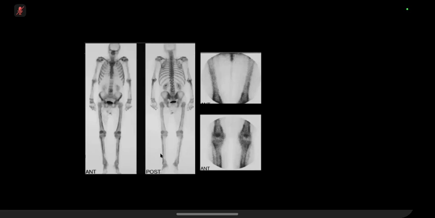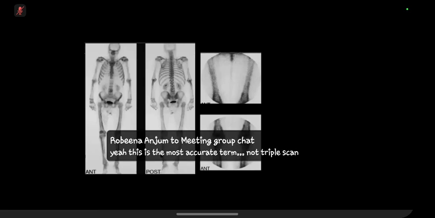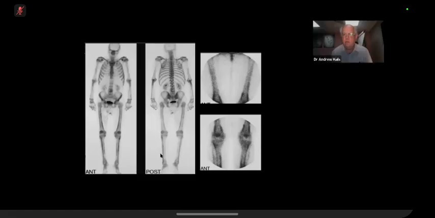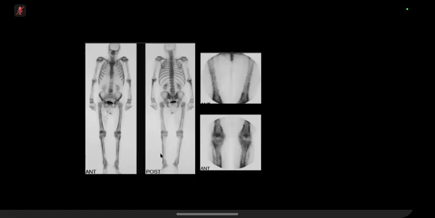So, they've got generalised edema and leg pain, and they have got increased cortical uptake in the lateral aspect of both tibia and medial aspect of the femurs.